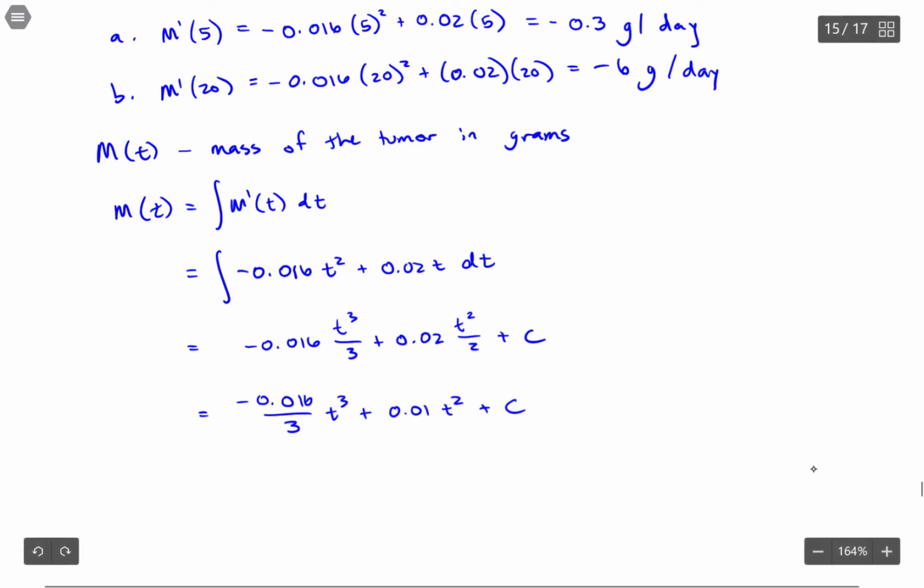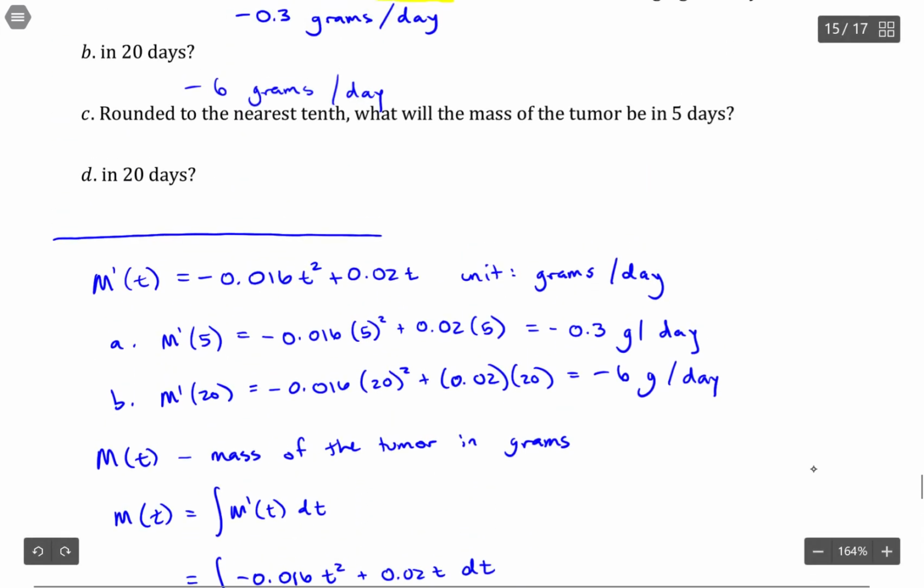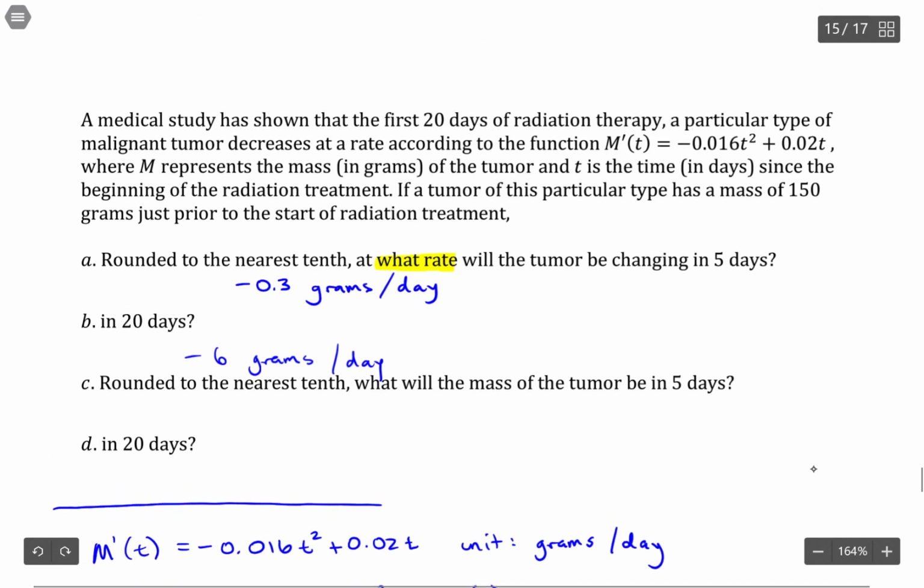So, how do you get the correct answer? Well, this isn't the function. This represents a family of functions, and you have to figure out which one passes through a specific data value that's given to you initially.